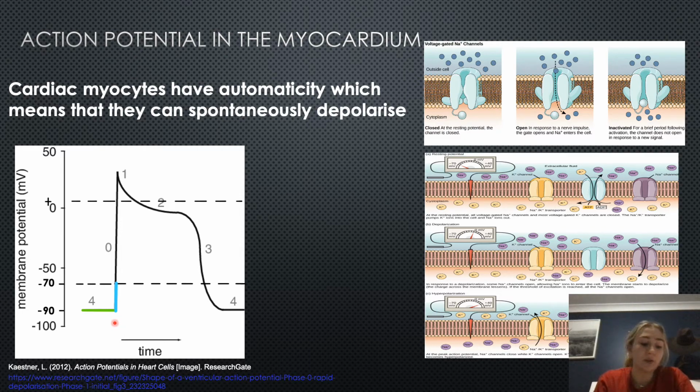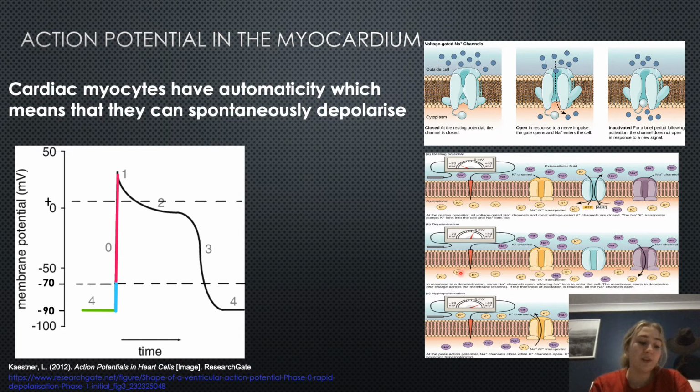Once this threshold is reached, voltage-gated sodium channels are opened and rapid depolarization occurs as a lot of sodium then enters the cell according to the concentration gradient. Once the voltage reaches a positive charge, the sodium channels are closed and other voltage-gated potassium channels are opened.